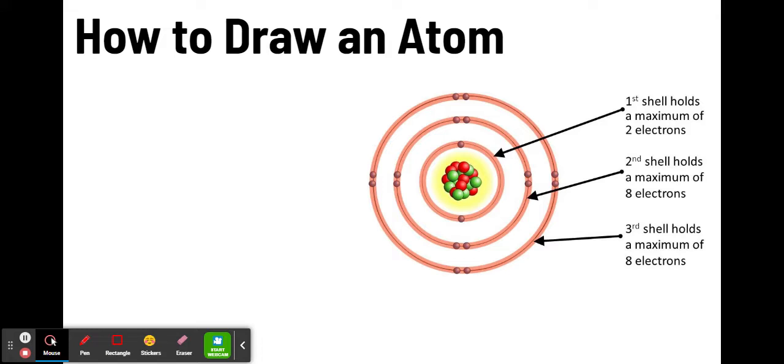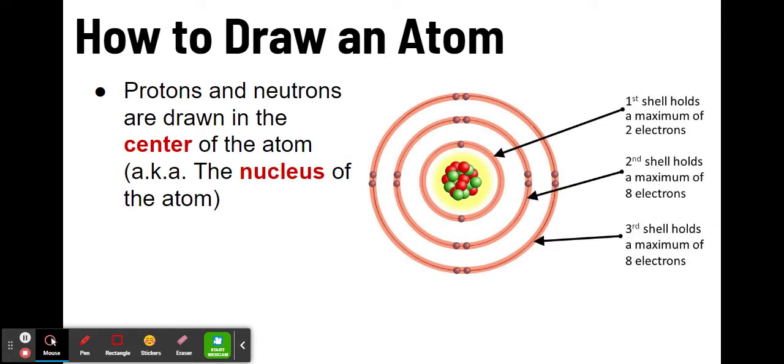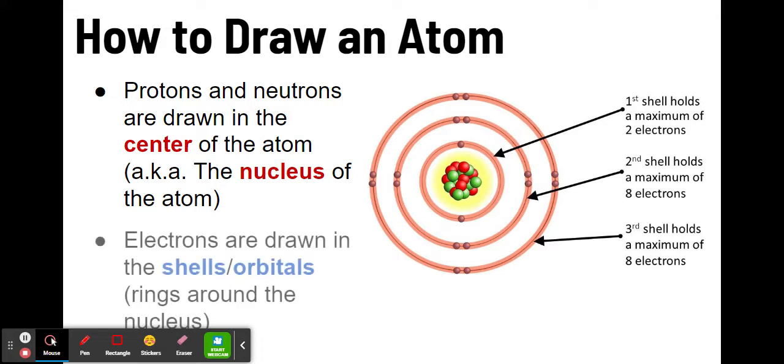Now, you can draw an atom using these two basic rules. First, the protons and the neutrons are found in the center of the atom. The center of an atom is called the nucleus. The second rule is electrons should be drawn in the shells or orbitals.